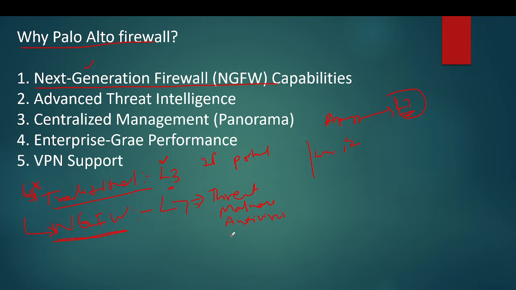That is called a DDoS attack. This next gen firewall is also helpful to protect your network against DoS attacks. It will also work as an IDS and IPS. All these features are available in next generation firewalls.